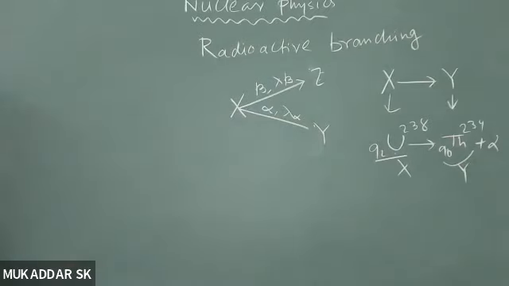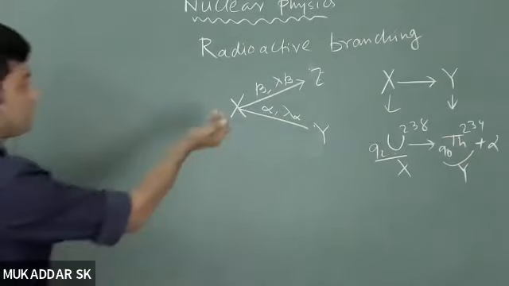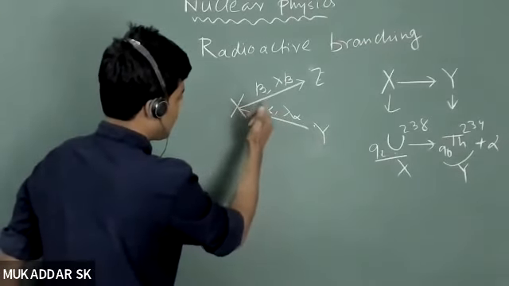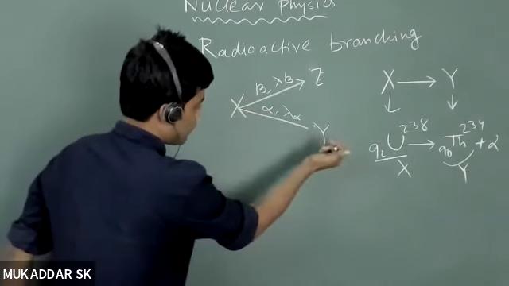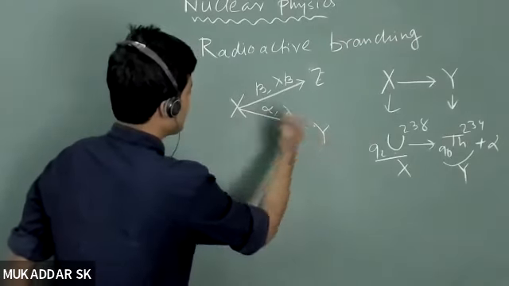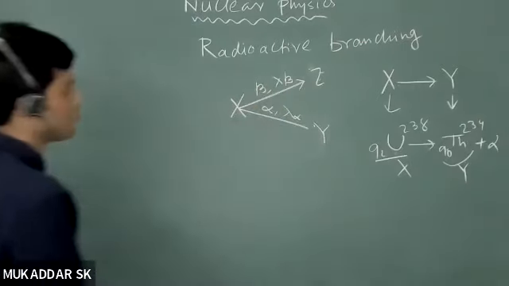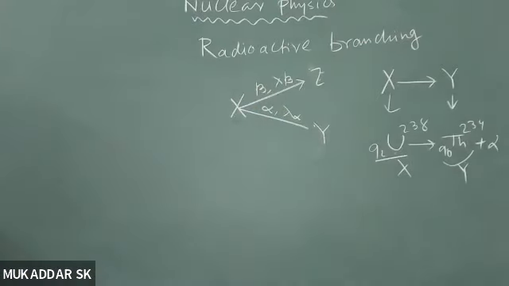But there are certain radioactive nuclei that will not follow a single chain. Rather, they can decay by alpha particle and go to Y daughter nuclei, and they can decay by beta particle and go to Z daughter nuclei, and it's happening at the same time. Now, one particle at a time undergoes alpha decay or beta decay.